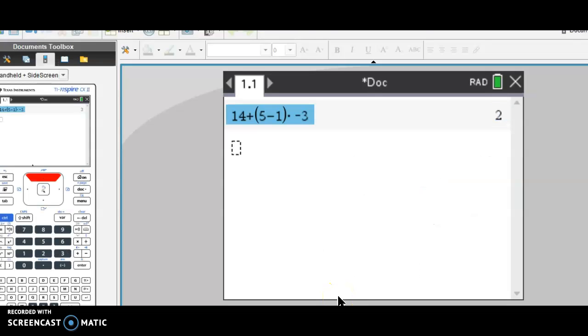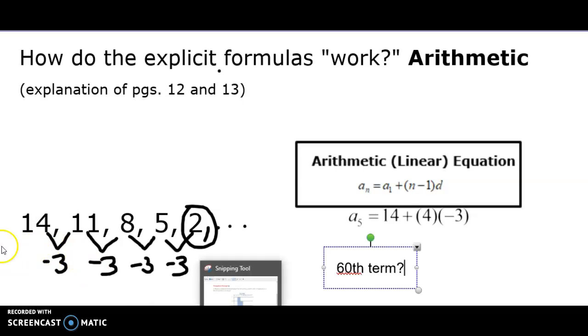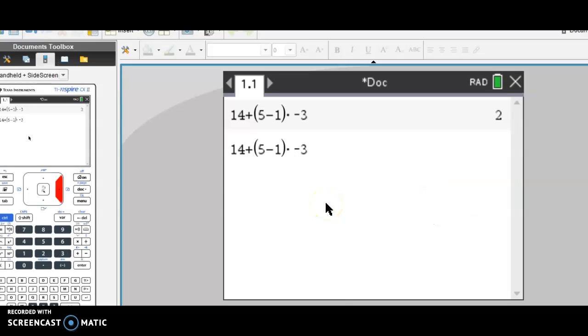And that's why I also like the TI Inspire, is I can just scroll up and copy this and change what I need. So 14 will stay A1. That's going to be the first term no matter what. That's this sequence of numbers that we had over here. It starts at 14. That's how it was defined. That's what we're staying with. But what has changed now is I want the 60th term, which means instead of 5, when I wanted the fifth term, I'm going to change this to 60.